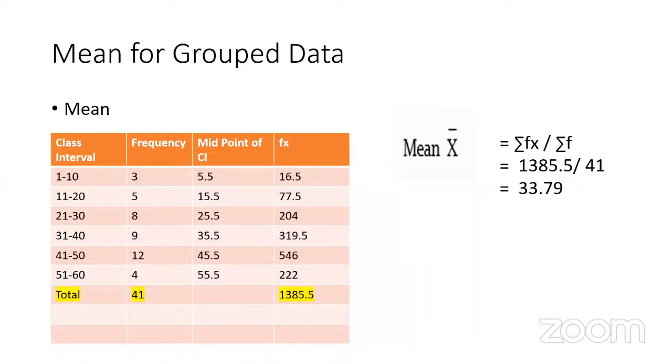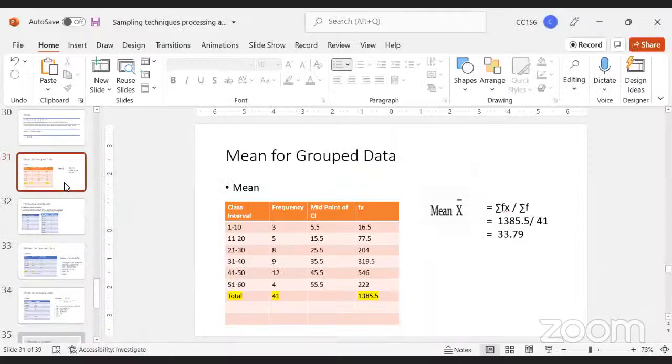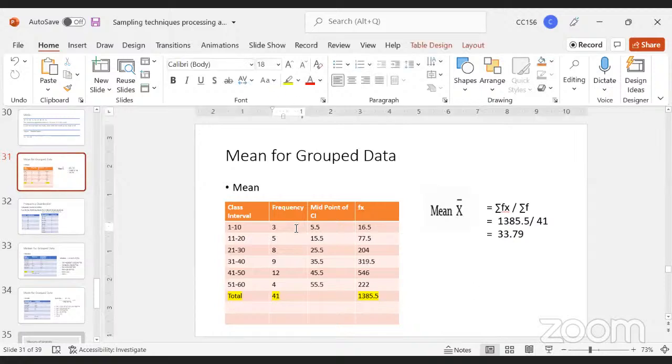Please take them: 6, 7, 10, 12, 14, 11. So now take this class interval and this data, 6, 7, 10, 12, 14, and 11. Please calculate the mean for the group data.